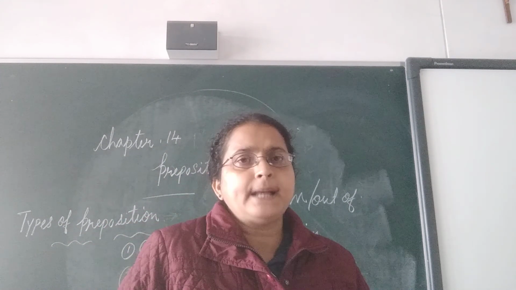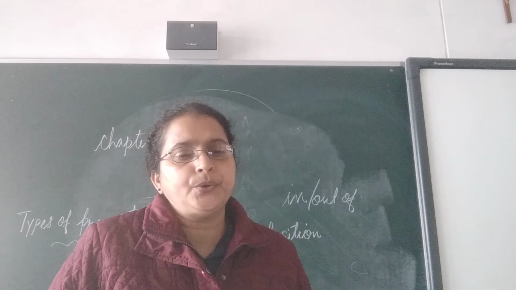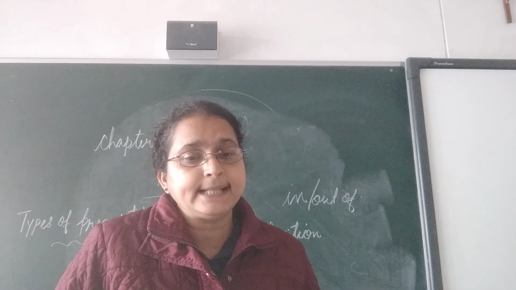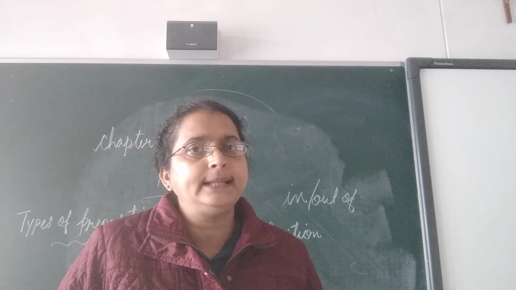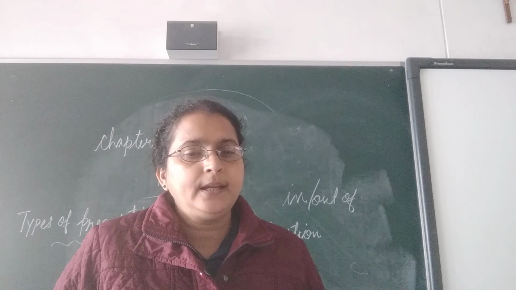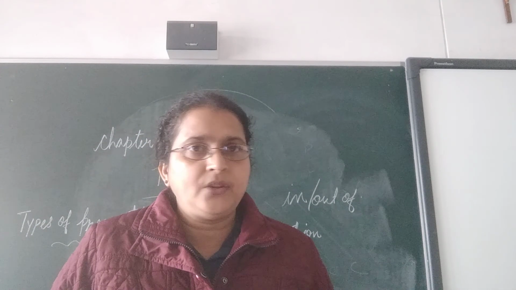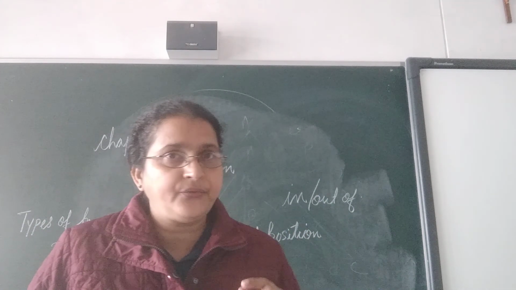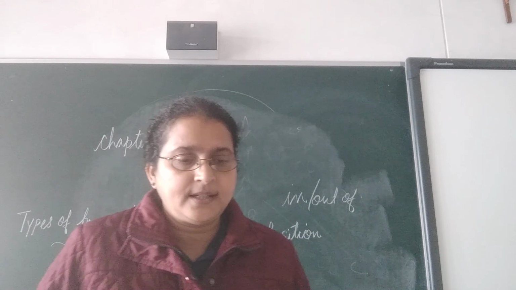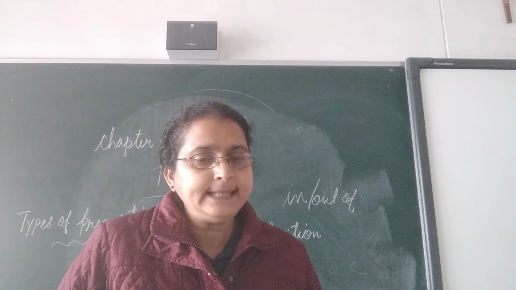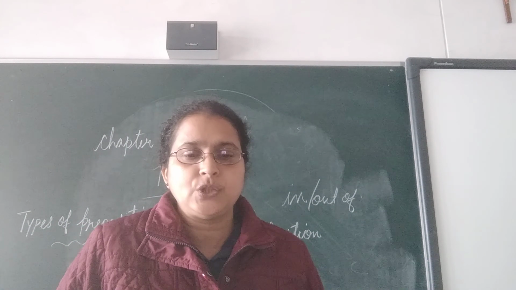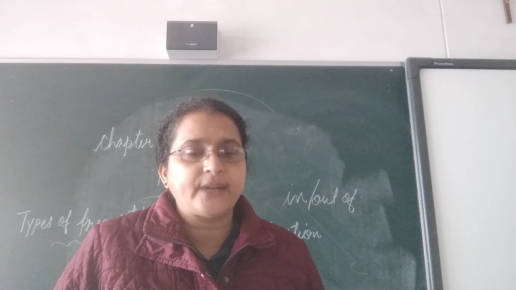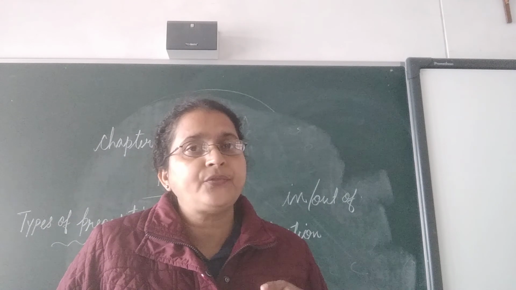So, for example, I shall meet you, your mother, at 7 a.m. in the school. Okay. At 7 a.m. here, it is the preposition of time. The preposition at is used in the sentence to denote different things.